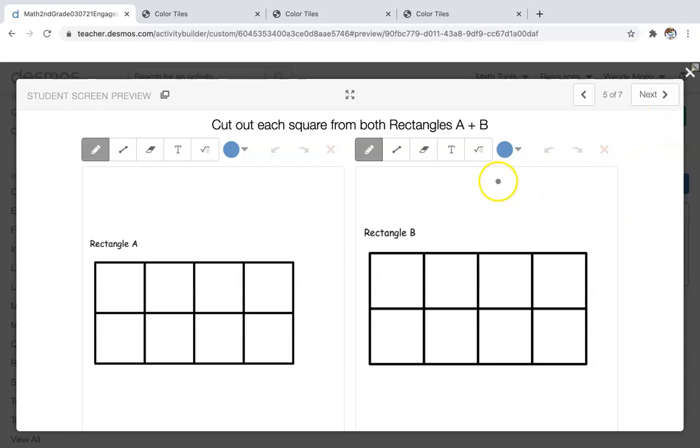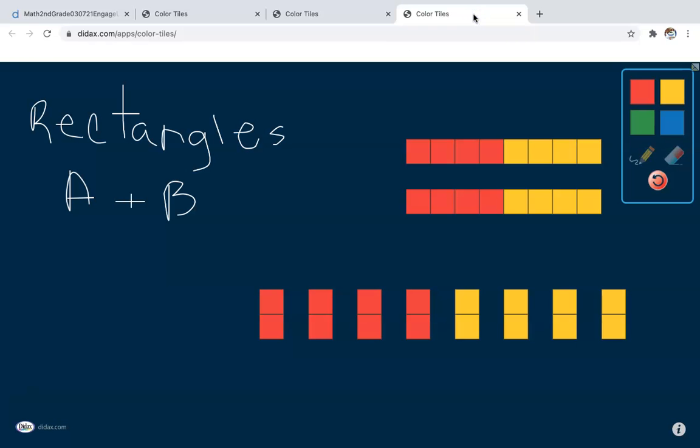And hopefully you cut them up, and let's look now, how can we put them together into rectangles?